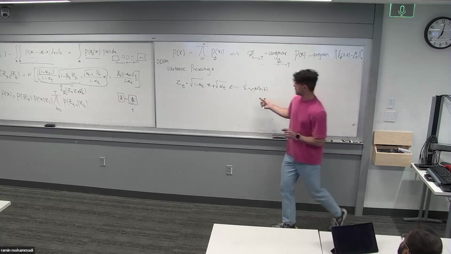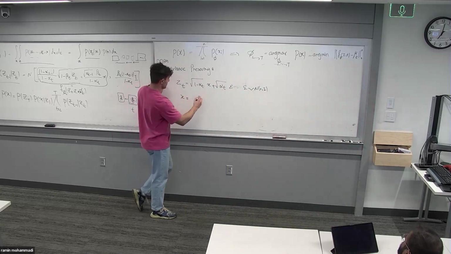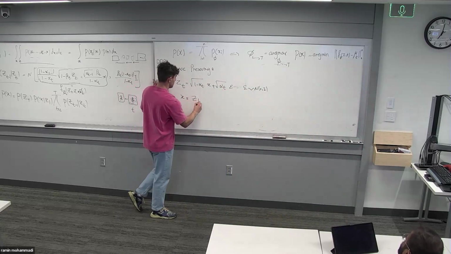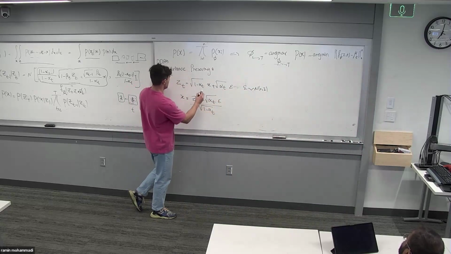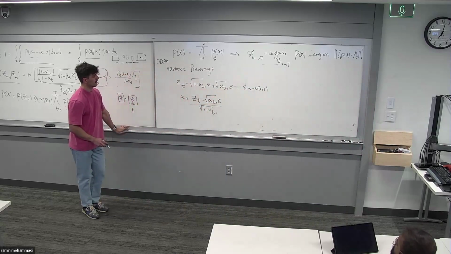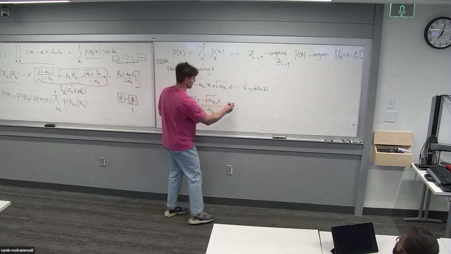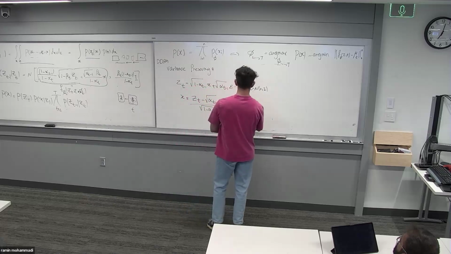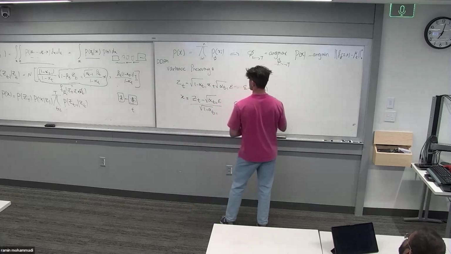So we can rewrite this. Basically, you can calculate x, which becomes zt minus alpha t epsilon over, sorry, minus 1. So you can calculate x. You can also calculate epsilon. The equation for epsilon becomes zt minus 1 minus alpha t minus 1 x.